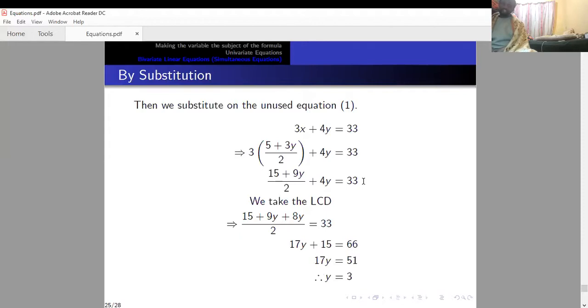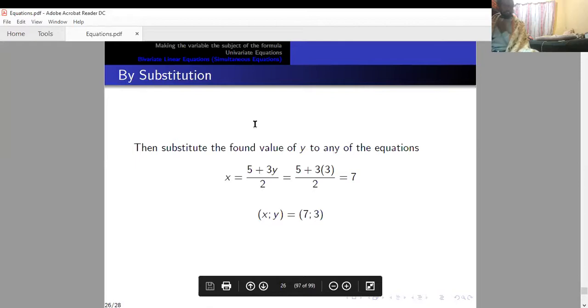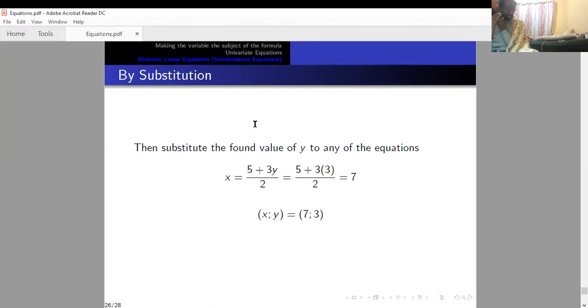Now you'll notice that once we reach this spot, the elimination method cancels out a lot of steps that we go through when we use the substitution method. With the elimination method, we move from here and then jump straight to this part, so all of this part is cancelled out. But of course, it's not compulsory to use it. And then once we found our y, we substitute back, and then we find our x.